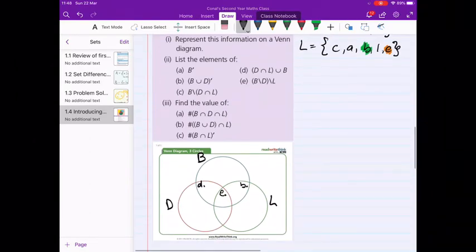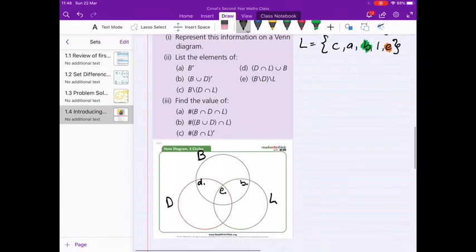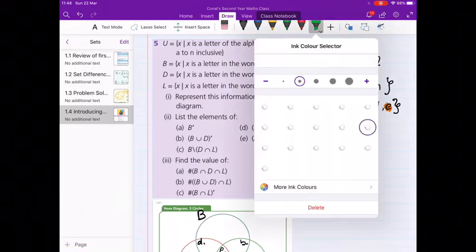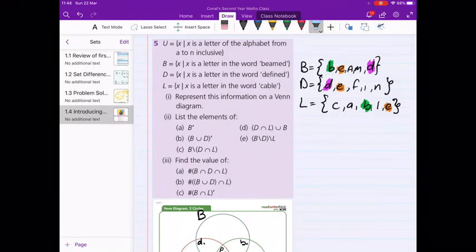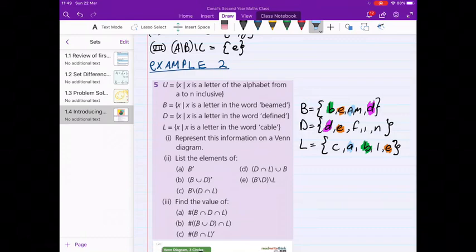Now the last one I have to check is what is in both D and L. So what's in D and L? I have nothing in common between those two, but I do have A is in B and is in L. I made a mistake there somewhere.